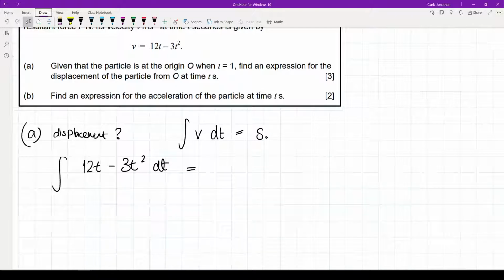The process for integration is to add 1 to the power and then divide by the new power.